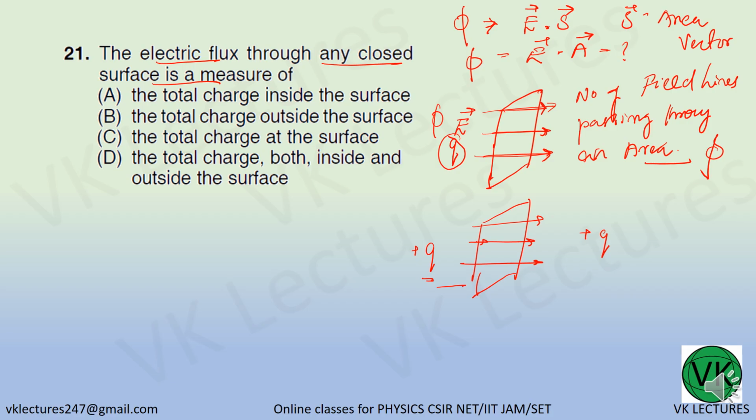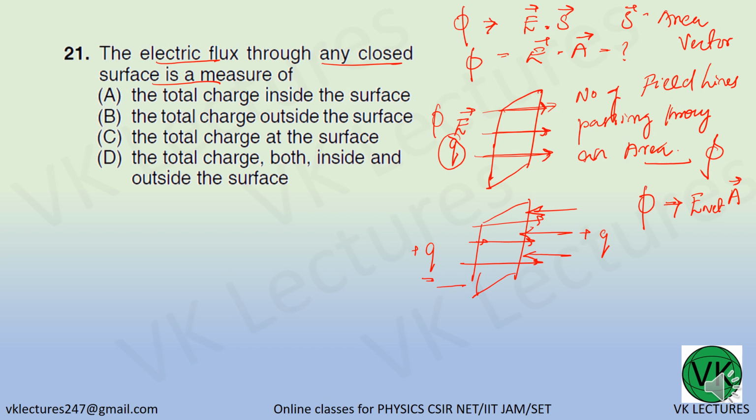So there will be an electric field in the opposite direction, because this is also a positive charge. Electric field lines will be radially outward. So phi flux will be equal to E net, that means net electric field into area.